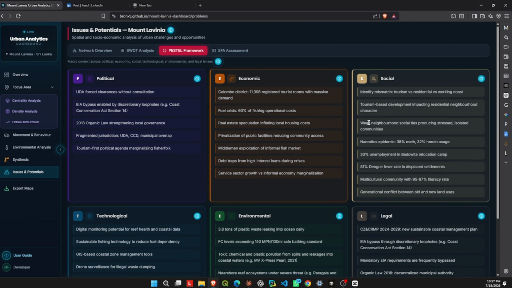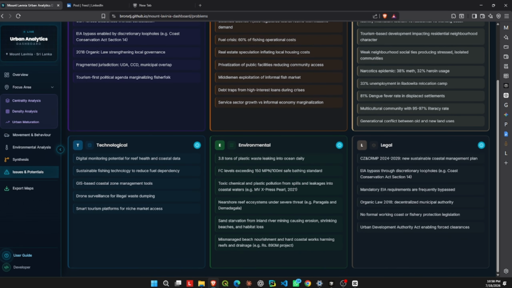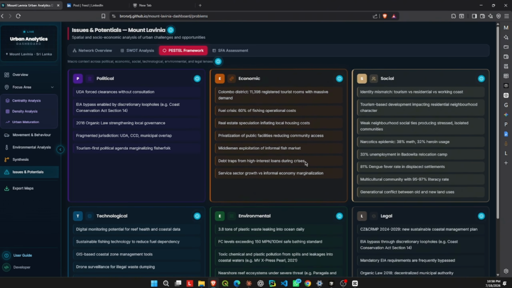Each panel contains a framework indicator, right? This shows the local issues inside 6 wider forces, as you can see here.